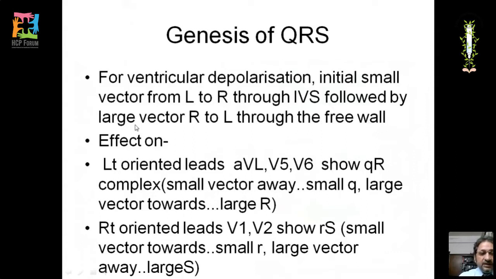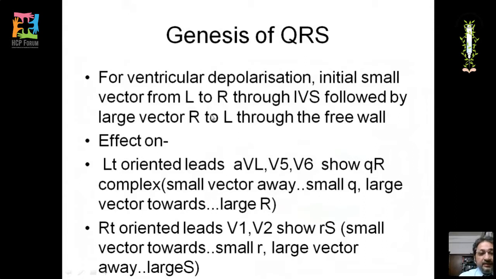Now, what effect will it have on the left oriented leads and the right oriented leads? For the left oriented leads, when the vector is going from the left to right, that means it is going away from that lead. So there will be a negative deflection in AVL, V5 and V6. And since it is a small vector, it will manifest as a small Q wave, a small negative deflection.